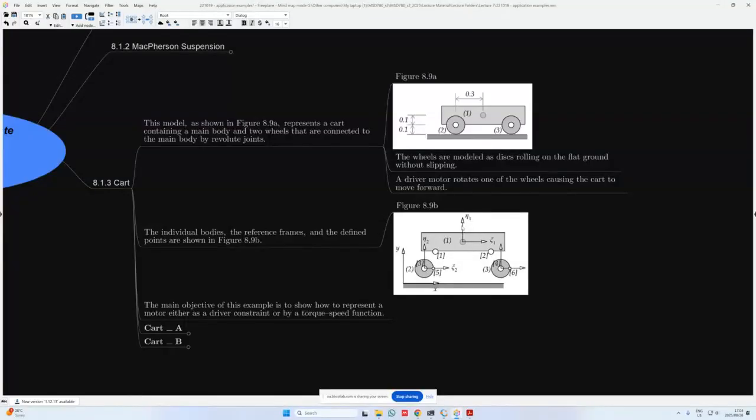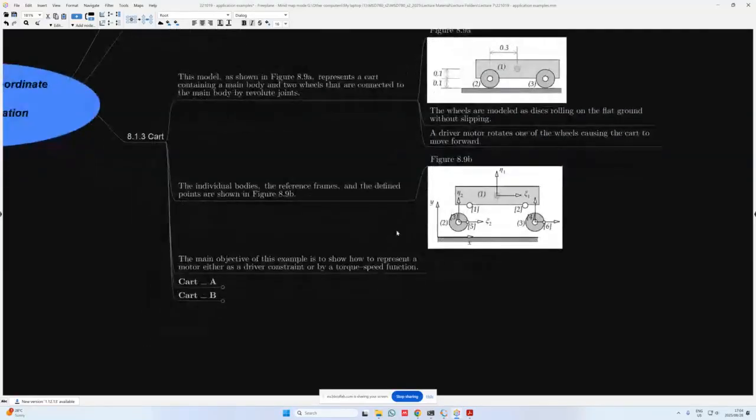Its xi, eta local coordinate system is also aligned with the xy global coordinate system, as well as the xi, eta coordinate systems for wheel assemblies 2 and 3. On wheel body 2, we also have points 3 and 5, and then we have points 4 and 6 on wheel body 3 or the front wheel.